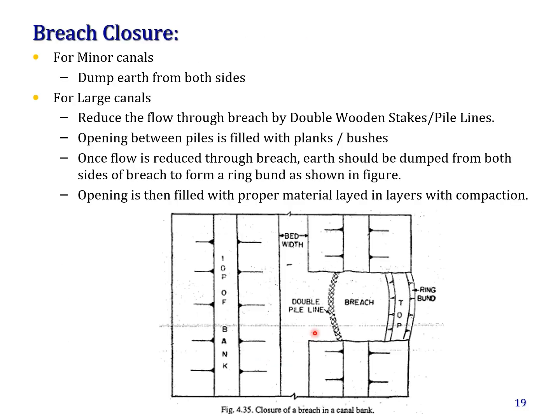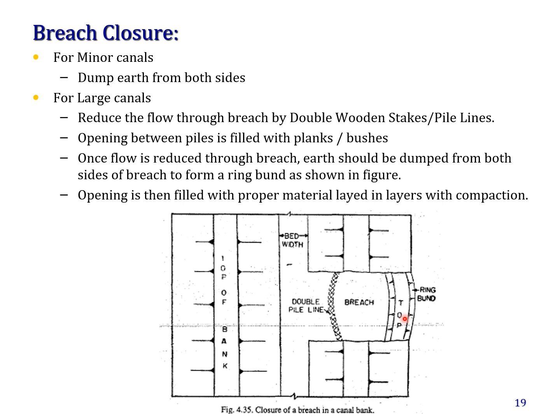So if the canal has a breach, for example, you see this is the canal, this is the canal bed, this is the side, this is the side, and if a breach has happened, then you first use some piles, insert the piles in the ground right here, and then you fill the gaps between the piles with some planks or bushes, and then afterwards you create this bund from both the sides, from this side and from this side.